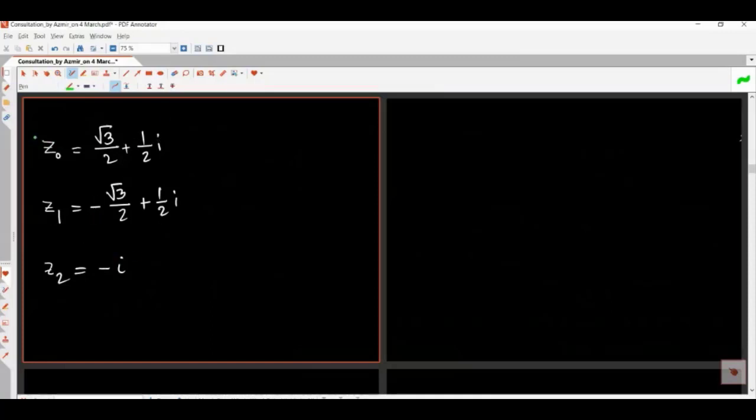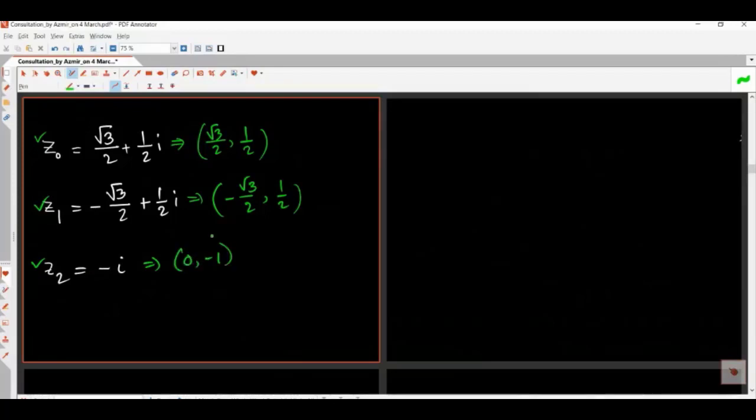So z0 is the point (root 3 by 2, 1 by 2), z1 is the point (negative root 3 by 2, 1 by 2), and z2 is the point (0, negative 1).